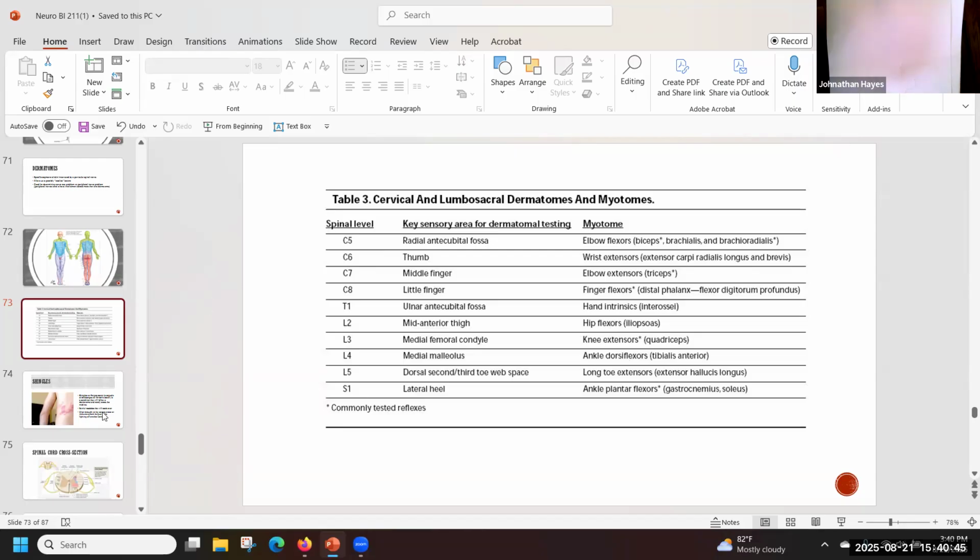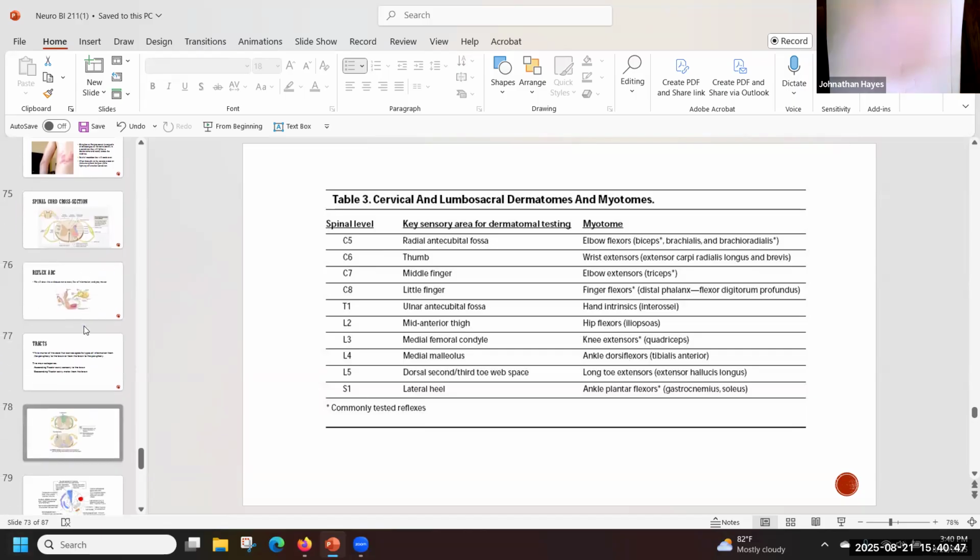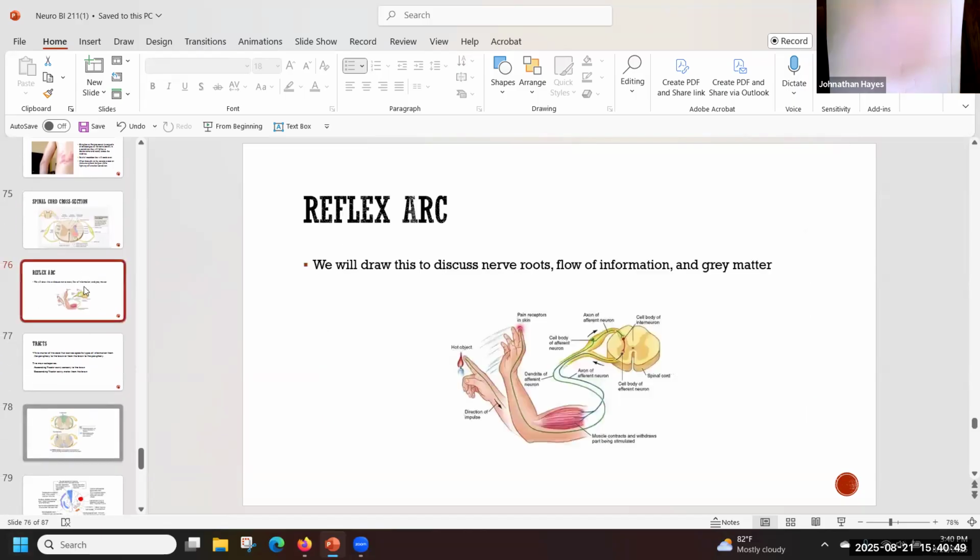So again, I didn't want to dwell on this too much, but I think it's too late for that. What the cord demonstrates to us is it is a part of the CNS. And what determines whether something's part of CNS or PNS is physical location and, in a way, ability.